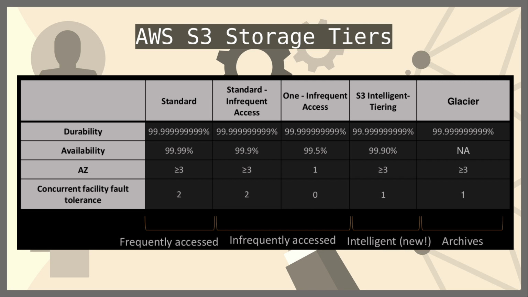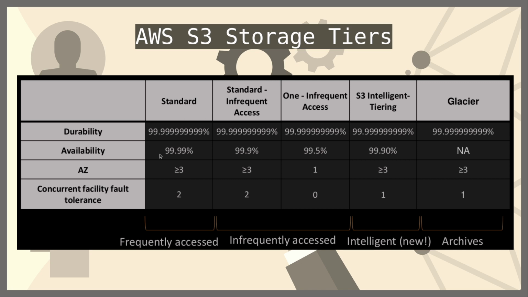Each of them has a different availability ratio, given the trade-off we are making. Of course, when we move from left to right, we are saving on cost with the trade-off of availability. From the examination point of view, I think the key thing is to understand standard versus Glacier.